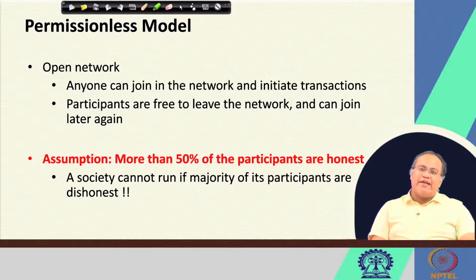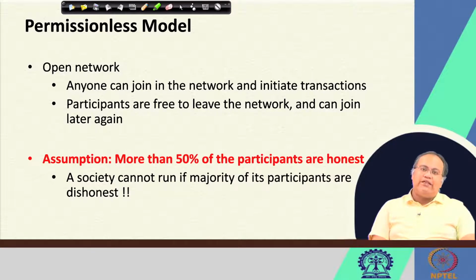Now, whenever you make such an assumption, you really need a very large network, because if your network has only 10 participants, it is much easier for an attacker to compromise 5 or 6 of the 10 participants. But if your network has millions of users, then it would be very difficult for an attacker to compromise that many users.